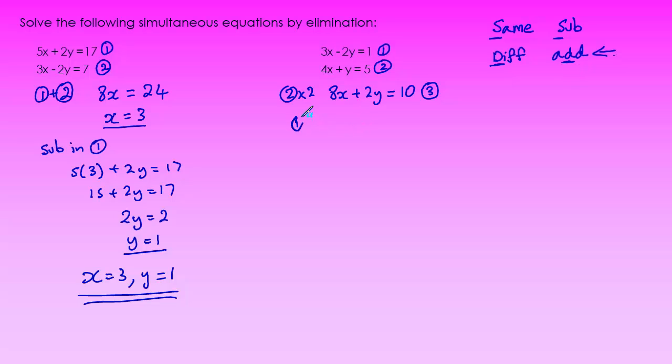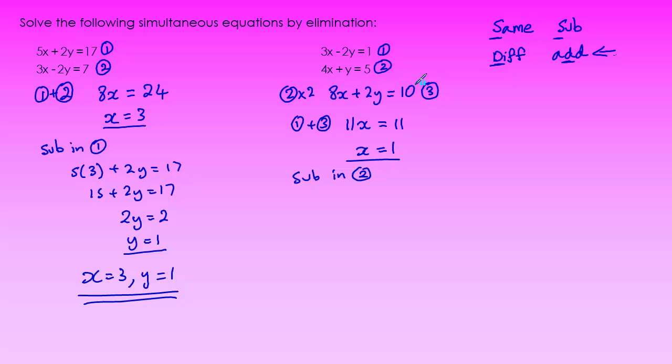So if we do equation 1 added to equation 3, we get 11 x's. The y's disappear, that was the whole point. And 1 and 10 is 11. So that tells me that x is 1. Let's substitute that into equation, I'm going to go for equation 2.